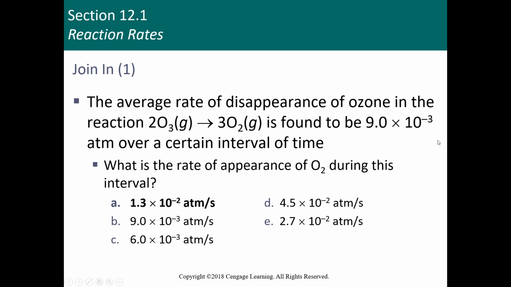Equals the bracket O2 over time. And what you would do then is you would put this number on top over next to the O2 one. And so it would be 2/3 O2 over here on the right. And then you substitute these numbers in. So this would go on the left with the ozone. You would then multiply over 2, or multiply over the 3, and then divide over the 2, which would give you 1.3 times 10 to the negative 2.